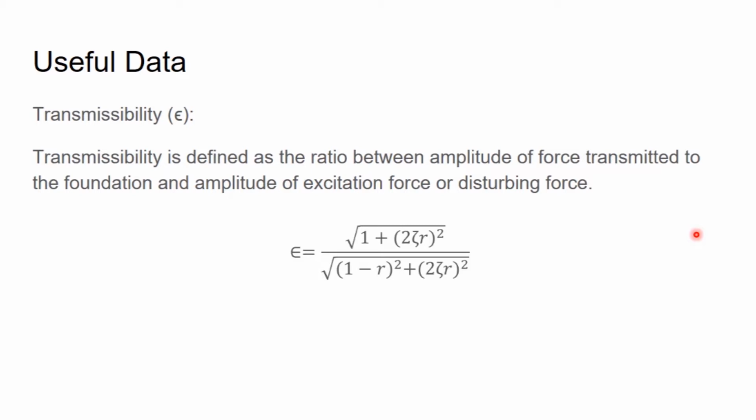It can be derived as epsilon equal to under root of 1 plus (2 zeta r) whole square divided by (1 minus r square) whole square plus (2 zeta r) whole square, where r is the frequency ratio omega by omega n, and zeta is the damping ratio. We will explain all this in the video solution.